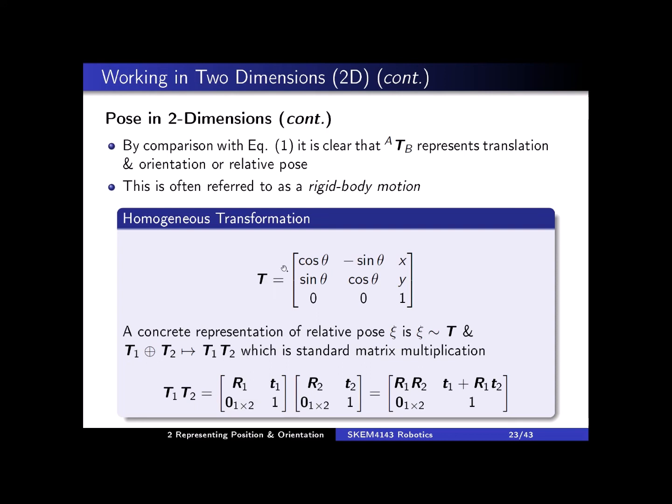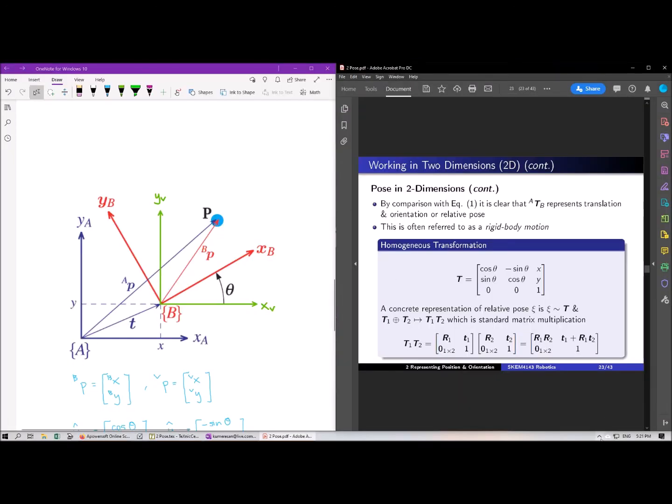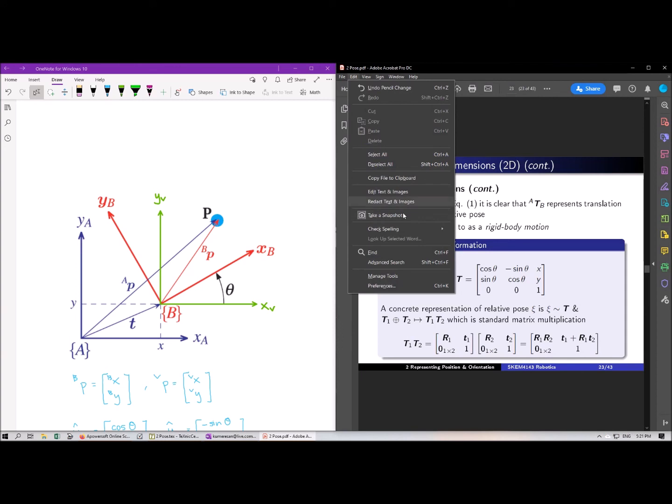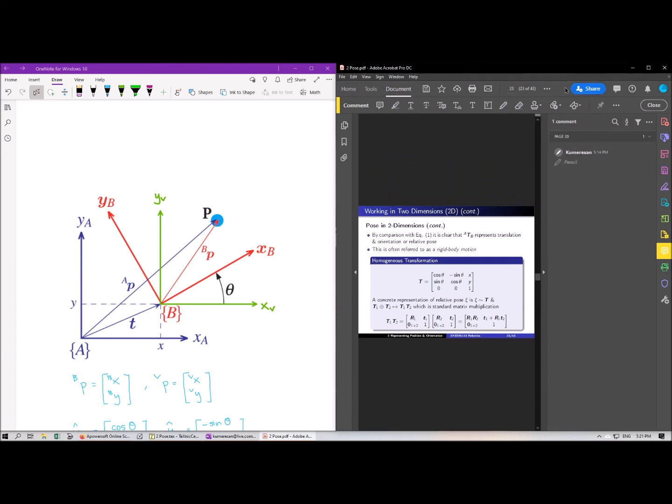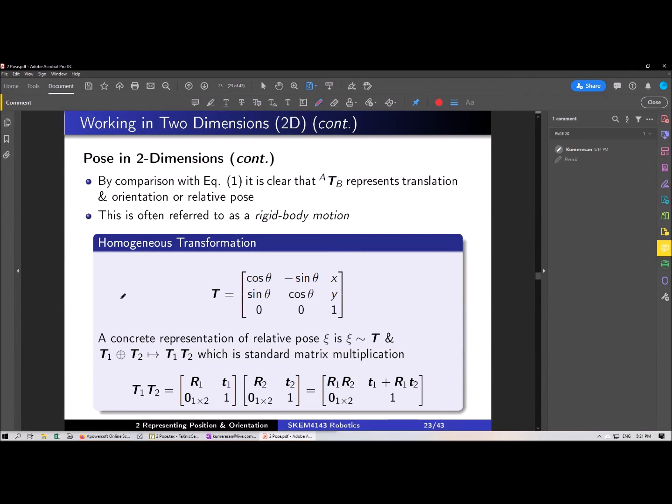So if you have TBA, and you want to know TCA, the pose of coordinate frame C with respect to coordinate frame A, and if you know TCB, you can just multiply them together, as given by this.